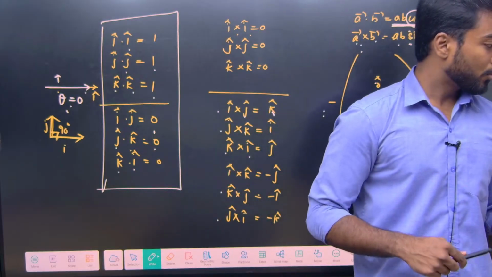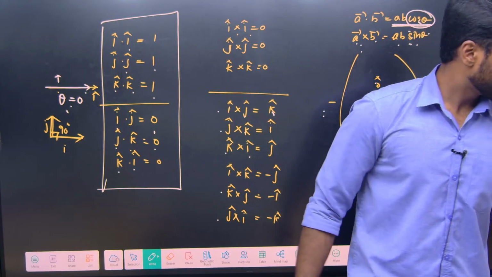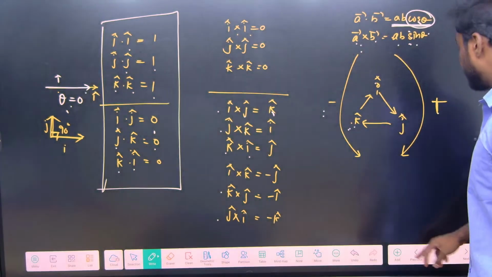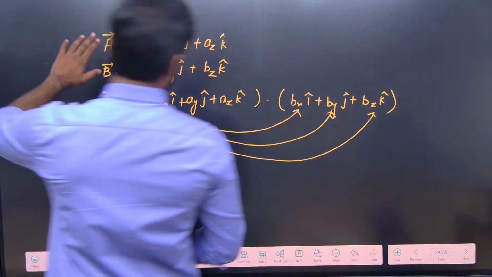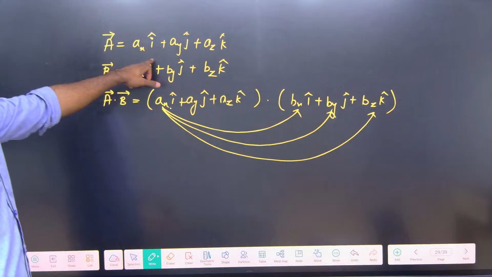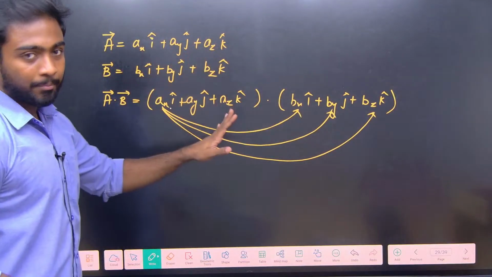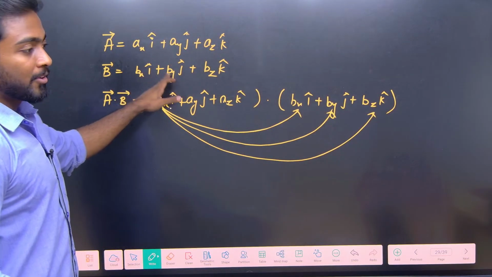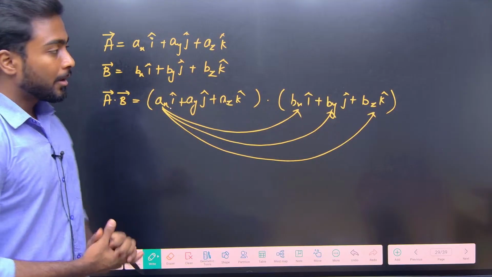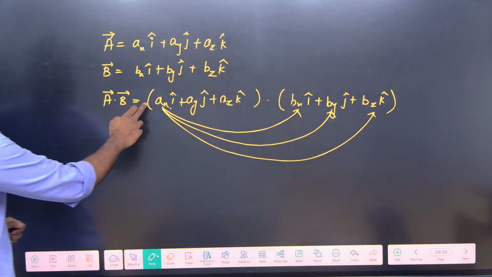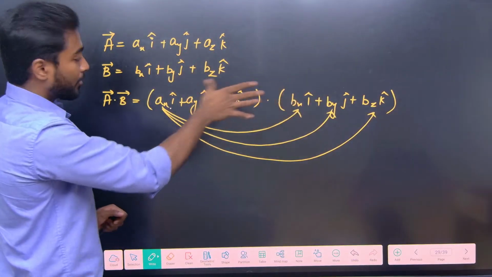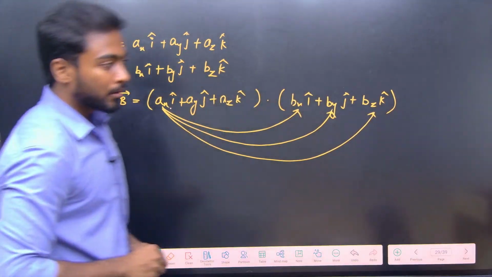So can we go for the problem now? Now I have taken a vector ax i cap plus ay j cap plus az k cap, and b vector as bx i cap plus by j cap plus bz k cap. When I am doing a dot product, I am multiplying these vectors.